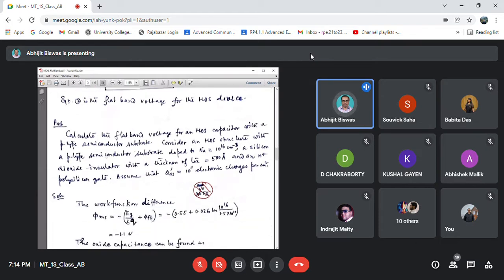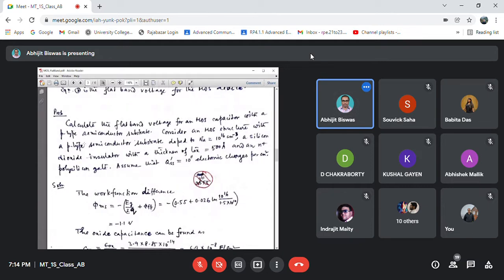So here you see some problem. Calculate the flat band voltage for an MOS capacitor with a P-type semiconductor substrate.